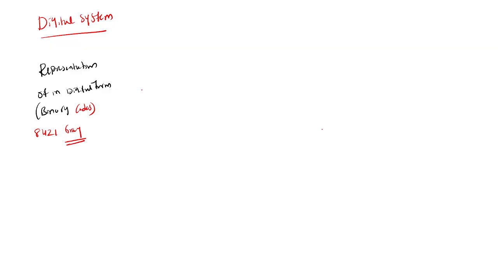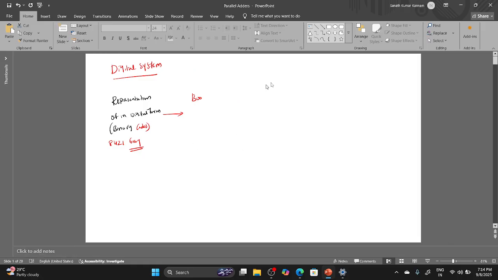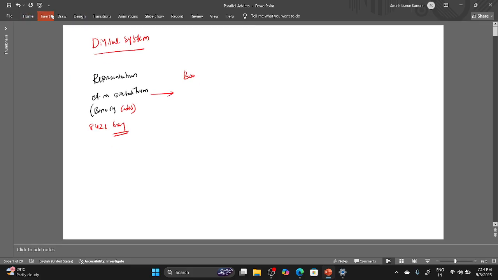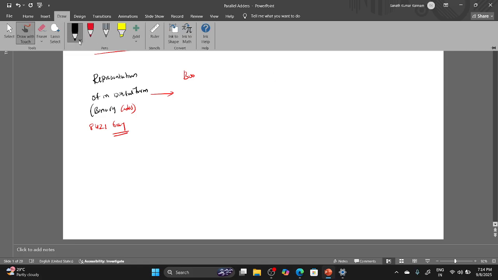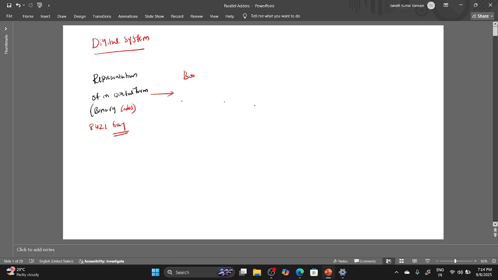Next we saw Boolean algebra, and logic optimization, for example Y equals A dash B plus AB dash. And next you have combinational circuits.